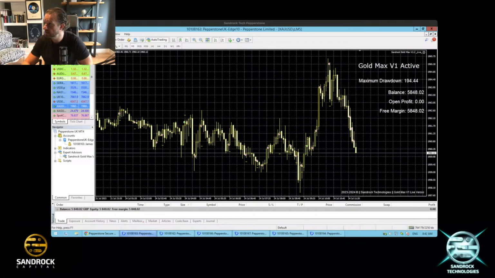It's expected that the Fed in the US is going to increase interest rates. We're at 5.25% at the moment, and they are looking at increasing to 5.5%. If that's expected and we get 5.5%, then maybe not much will happen with gold.